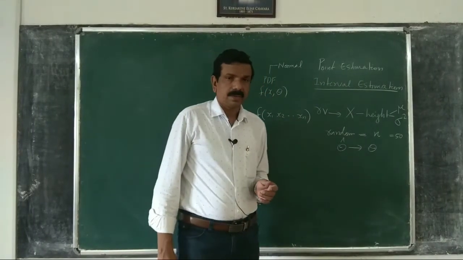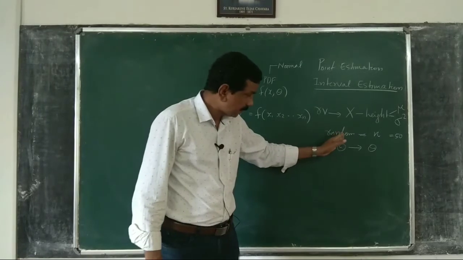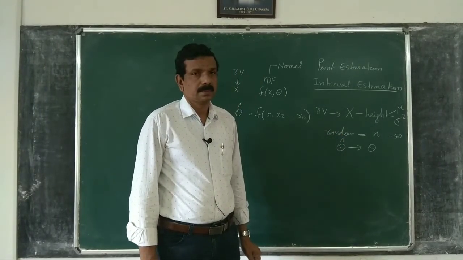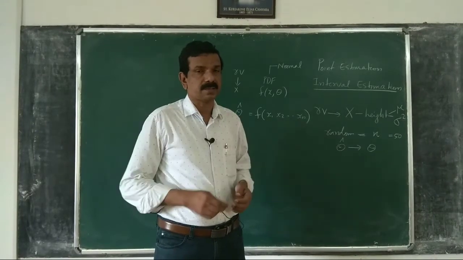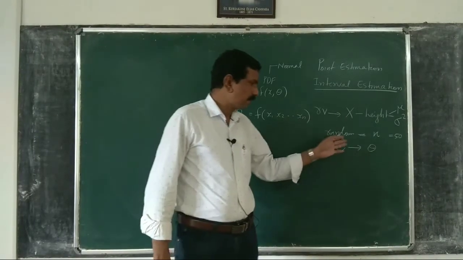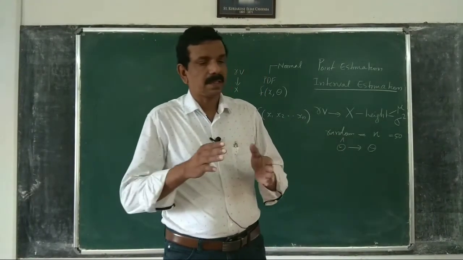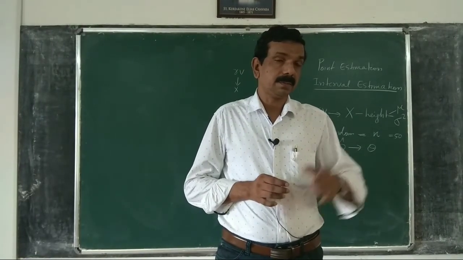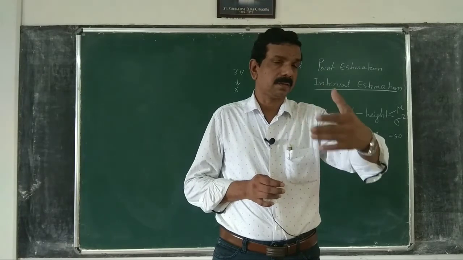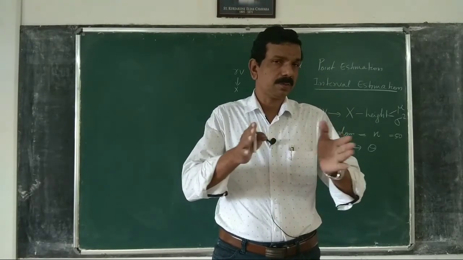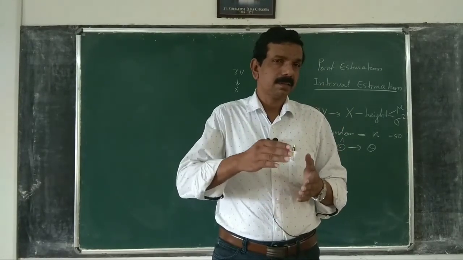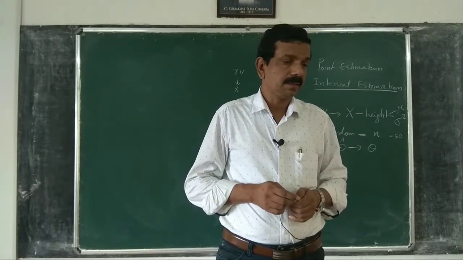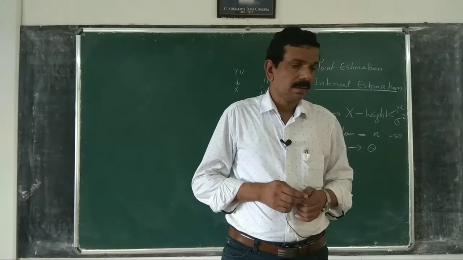But we also know that the value of theta hat varies from sample to sample due to sampling fluctuations. And we do not know which theta hat represents the unknown parameter theta. Remember this, theta is the parameter, a constant. For the population there is only one theta, but theta hat varies from sample to sample due to sampling fluctuations.